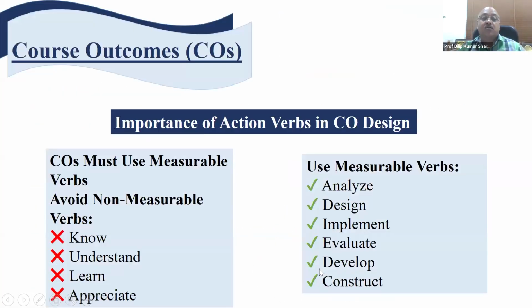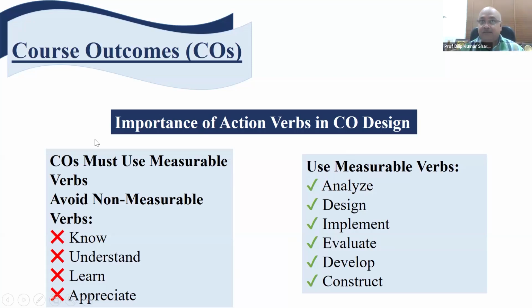Like that we do it. Please remember what a course outcome should and should not have. You can see the importance of the action verb in course outcome design. Because you are in an affiliating university, you already have defined course outcomes, so you will have the freedom. You only have to map them with the program outcomes, and then you will be in a comfortable position.